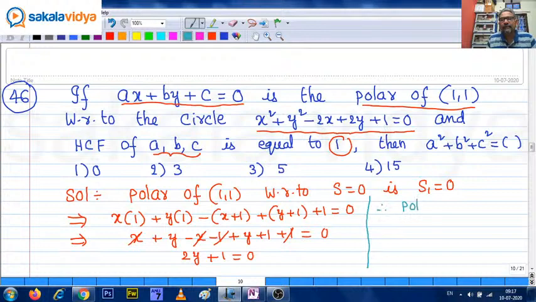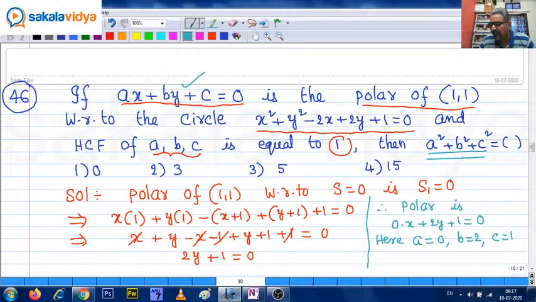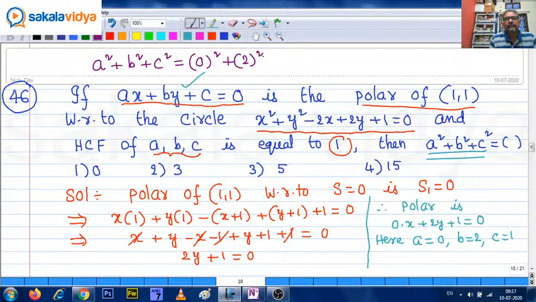So the polar is 0 into x plus 2y plus 1 equals 0. Comparing, we get a equals 0, b equals 2 and c equals 1, so that we can find a square plus b square plus c square, which equals 0 square plus 2 square plus 1 square.